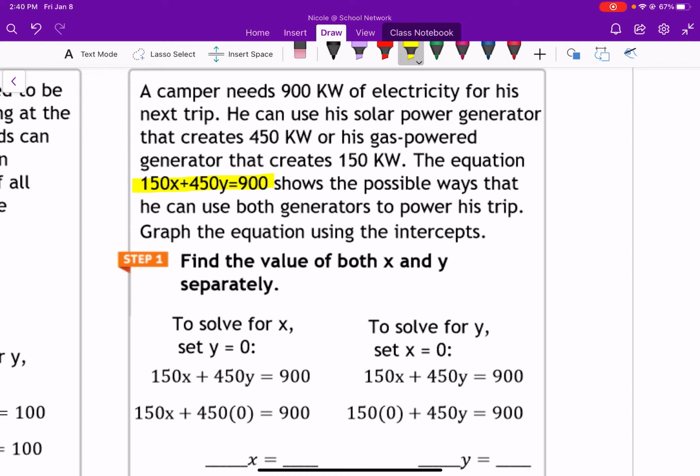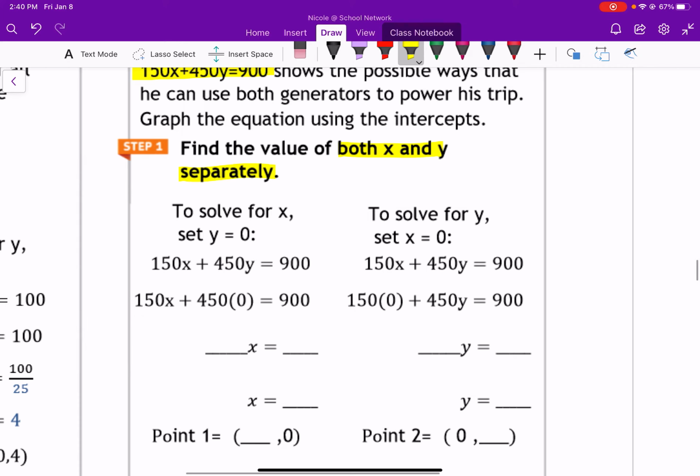Okay. So first we have to find both the x and y separately. So x and y intercepts. So remember when we have the x-intercept, that's when y is 0. And vice versa, if we have the y-intercept, that's where x is 0. So to solve for the x-intercept, we set y equal to 0. And this is finding the x-intercept.